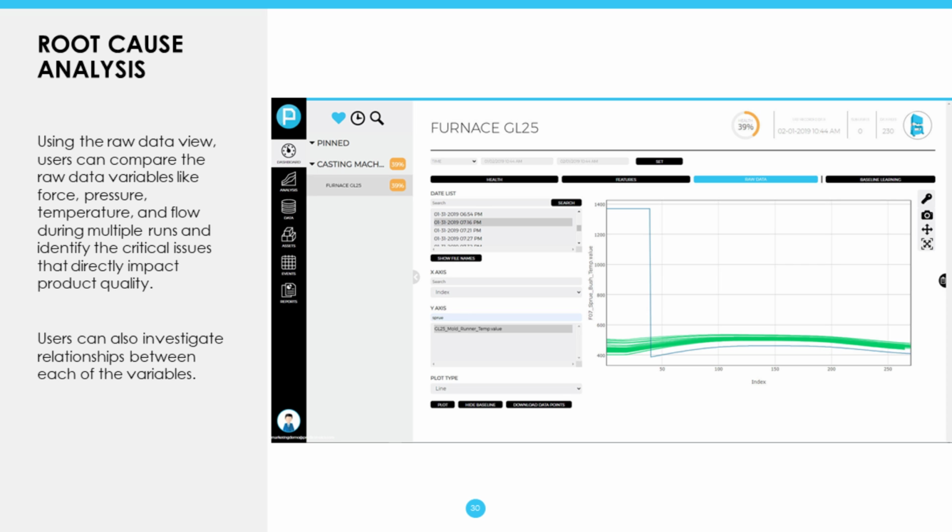For example, the system was telling you that the furnace pressure was the main contributor. You can then take a deeper dive and compare that particular run for the furnace pressure to other previous, maybe normal runs where the quality was acceptable, and that will allow you to confirm the analysis result and also take the appropriate action to adjust the process and ultimately prevent these scrap issues from occurring in the future.